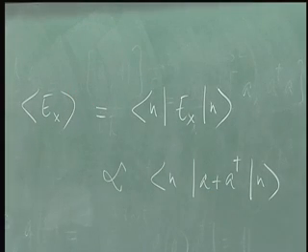So A and A dagger, previously we just called them raising and lowering operators, now I call them photon creation and photon destruction operators, because A dagger acts on the number state n and makes it n plus 1, in other words it creates a photon, and A destroys a photon, it reduces the number of photons by 1.